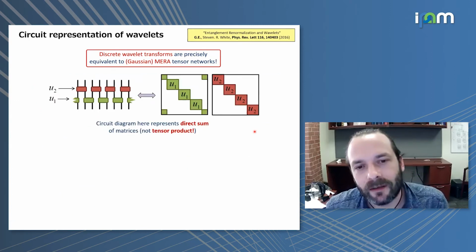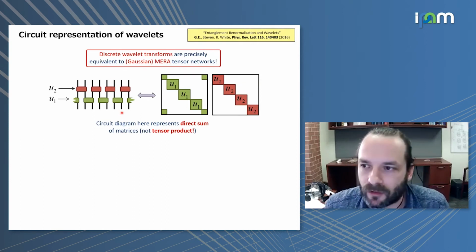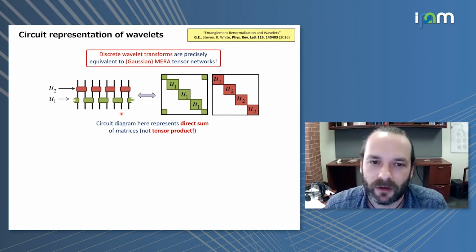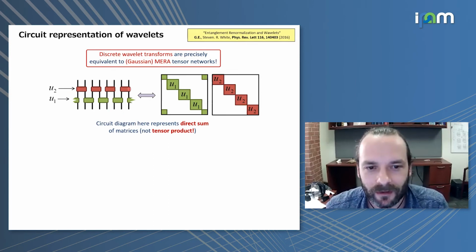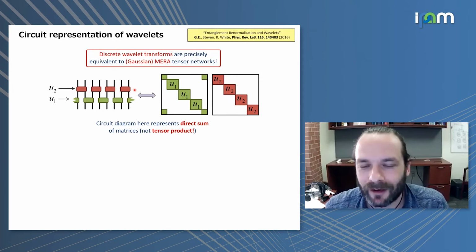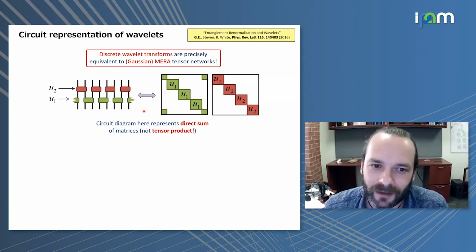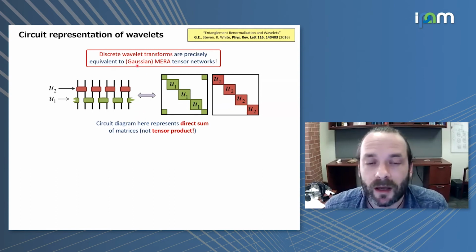Just to be a bit more clear, though, we're working in a direct sum structure rather than a tensor product structure. So when I draw this circuit as this set of gates, we're really thinking about a matrix built from a direct sum of local gates. And this is precisely the type of tensor network we use when we're describing Gaussian states or free fermion states. We'd already made extensive use of this type of tensor network for describing free fermions.